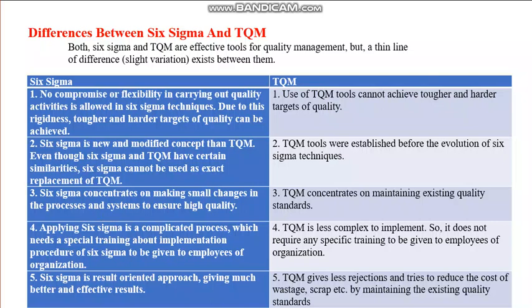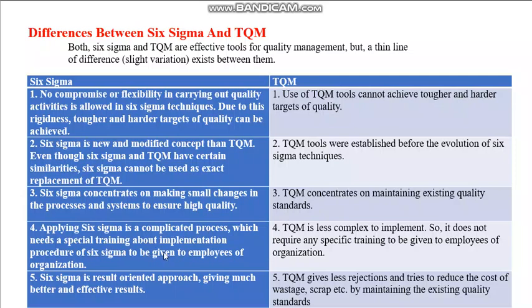You see, exactly very close to 50 you may not be able to produce. Okay, but now Six Sigma is concentrating on making changes to processes and systems, and thereby ensuring high quality, whereas TQM concentrates on maintaining the existing quality standards and improving the quality.